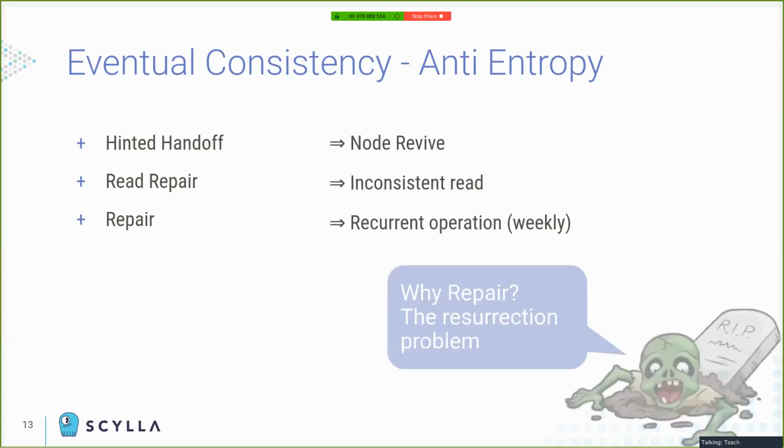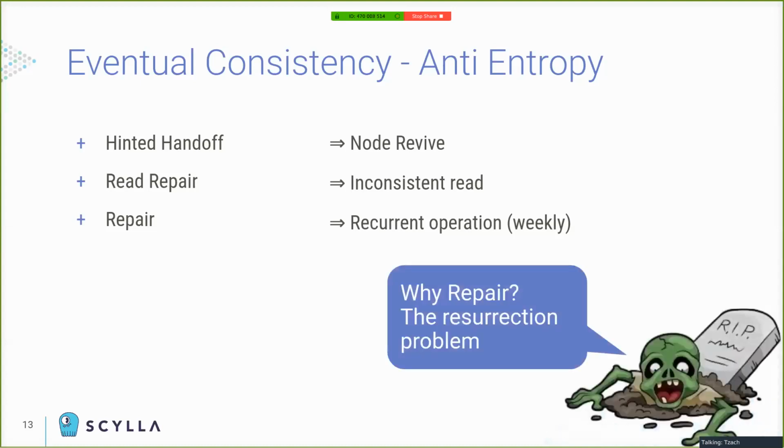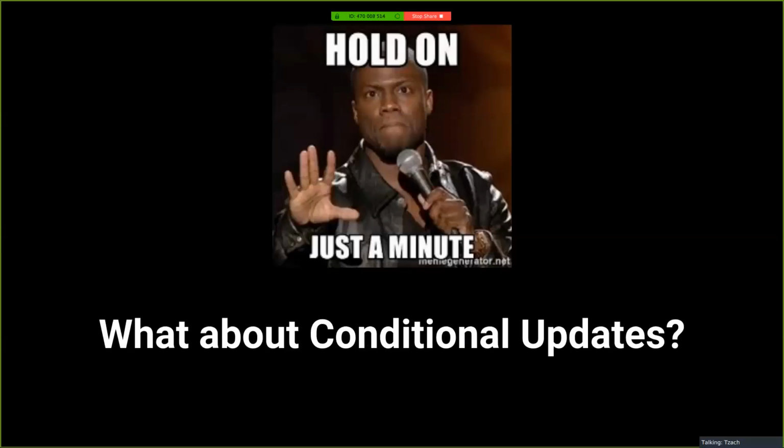As I mentioned, it's highly recommended to run this every week, and we have a specific tool called Scylla Manager that helps you run weekly or monthly repair, depending on your grace period, and reports the results. One thing I didn't mention so far is conditional update. Conditional update is a query that allows you to read information before you actually write it and test it. And for that, I'm going to hand over to Kostya to dive into lightweight transactions.